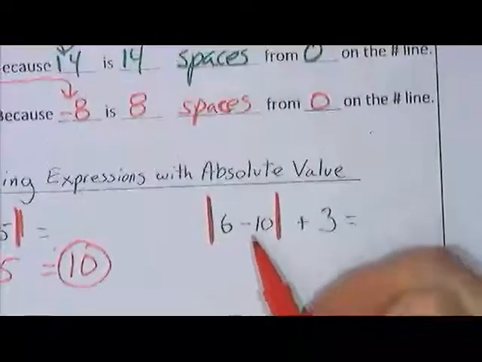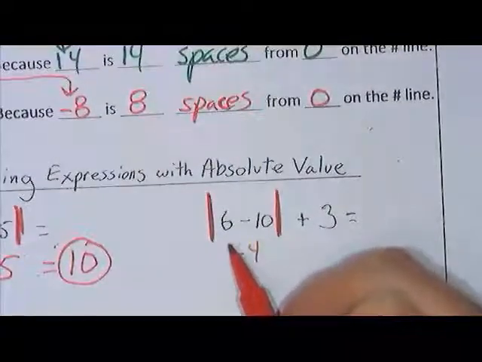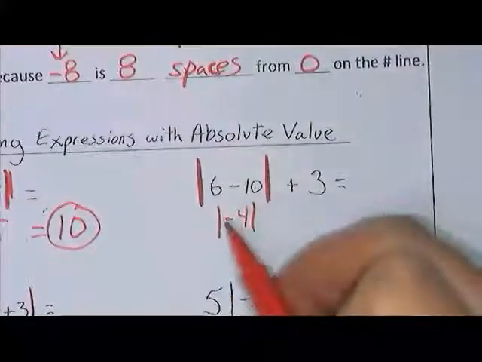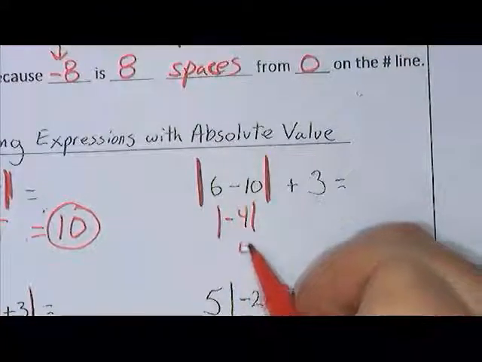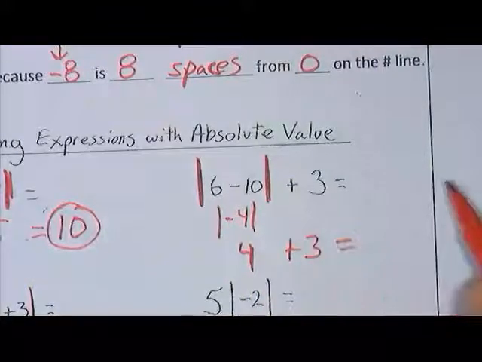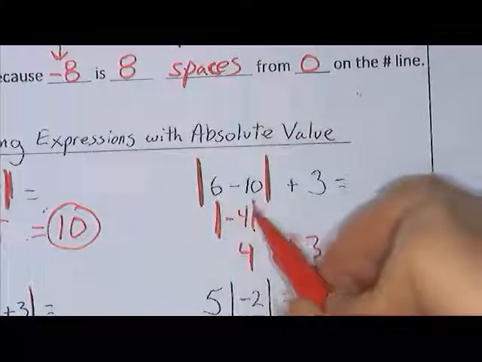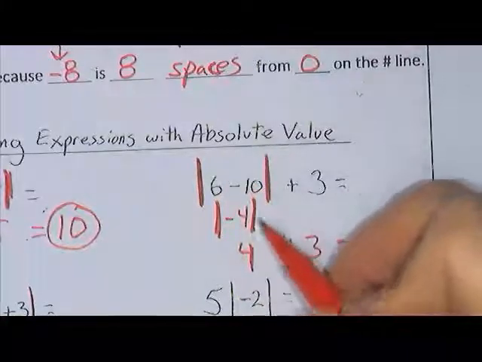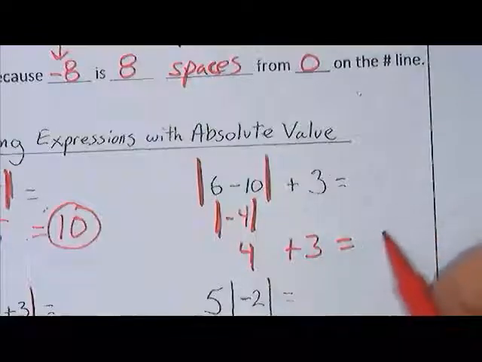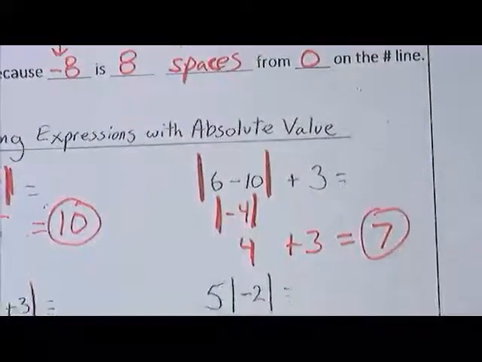So negative 4 is how much this comes out to be. And negative 4 is 4 spaces from 0. So this right here comes out to negative 4, which is 4 spaces from 0. 4 plus 3 is 7.